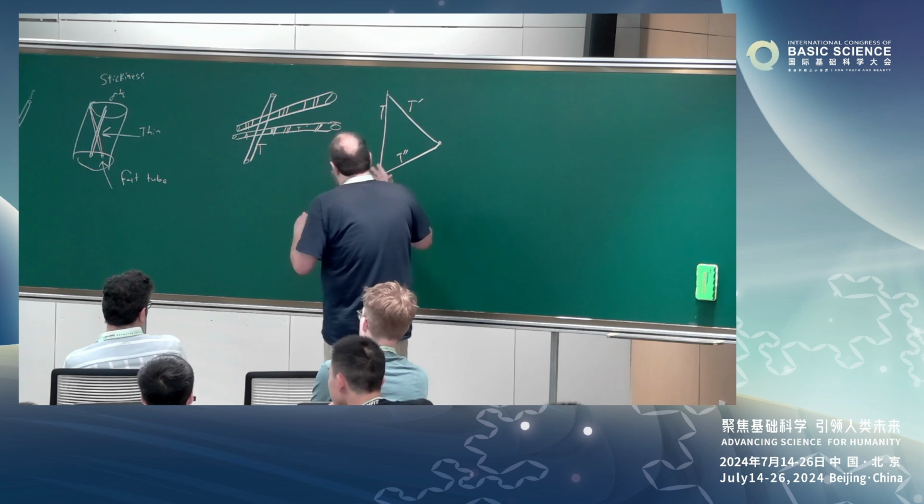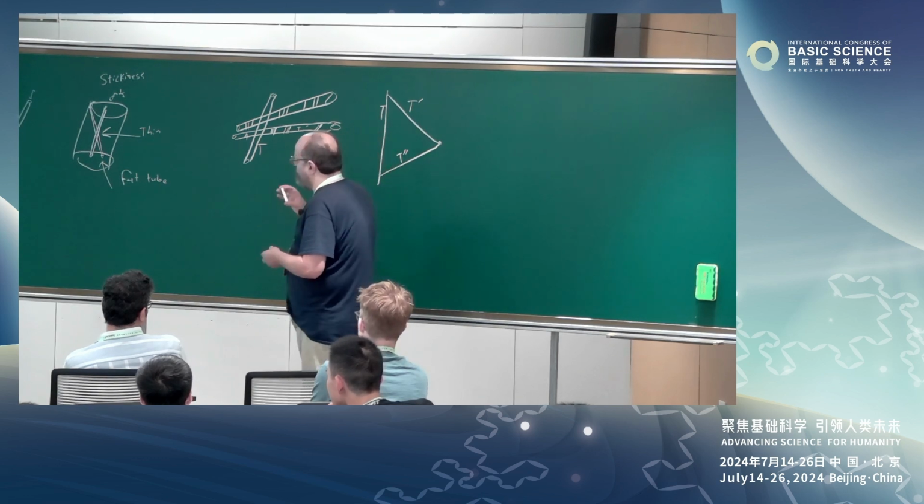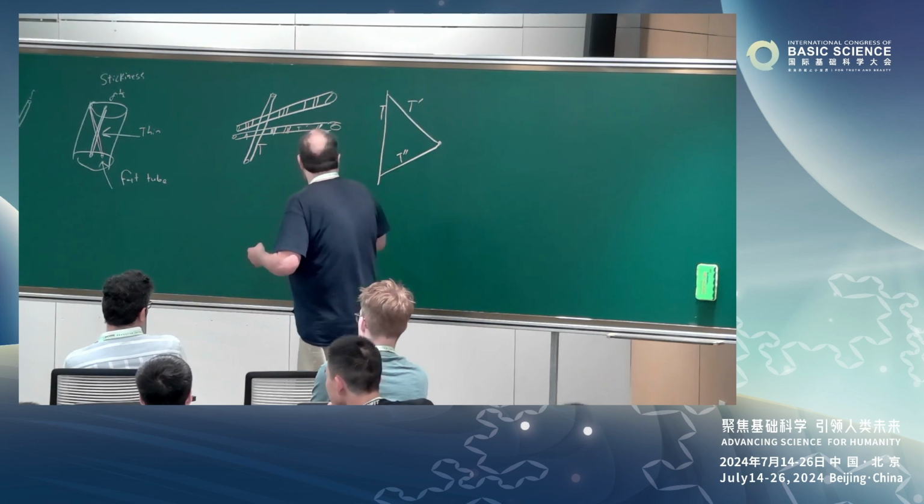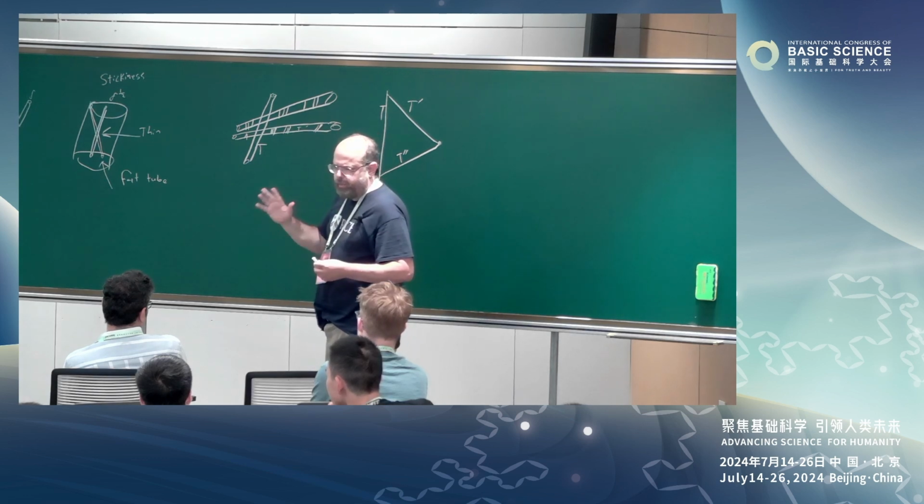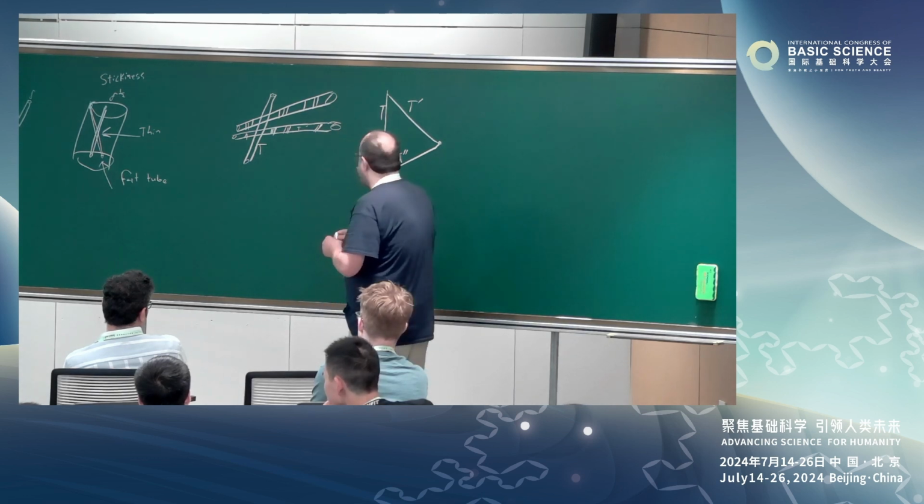And so this is the type of heuristic that I will sometimes force you to endure, which is that I'm going to really treat my delta tubes as if they're lines.